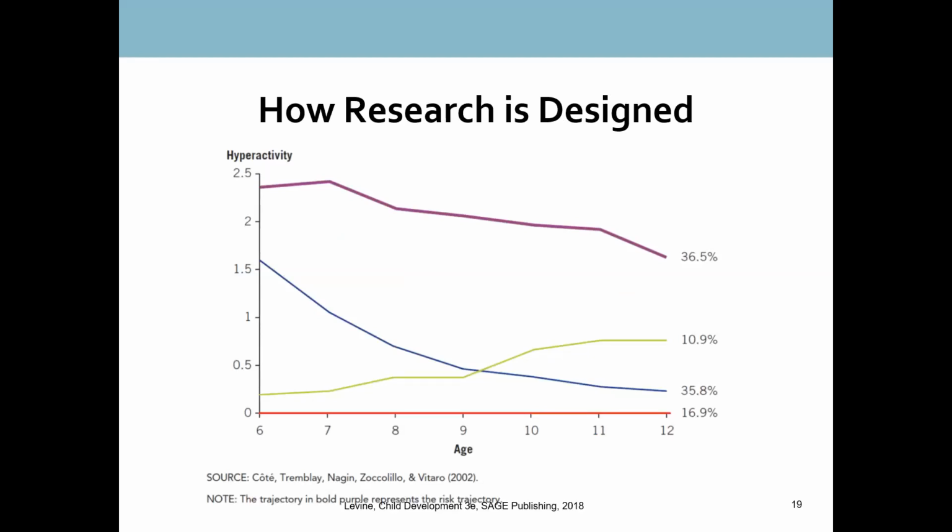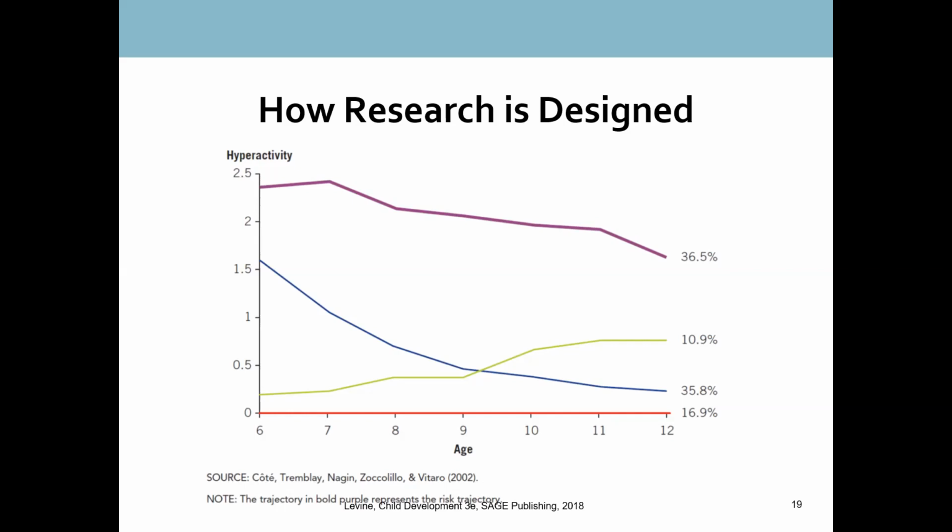In developmental psychology, we have some special research designs that have to do with development. We are interested in how people change over time, how they develop over time, whether it's children or adolescents or adults in lifespan developmental psychology.